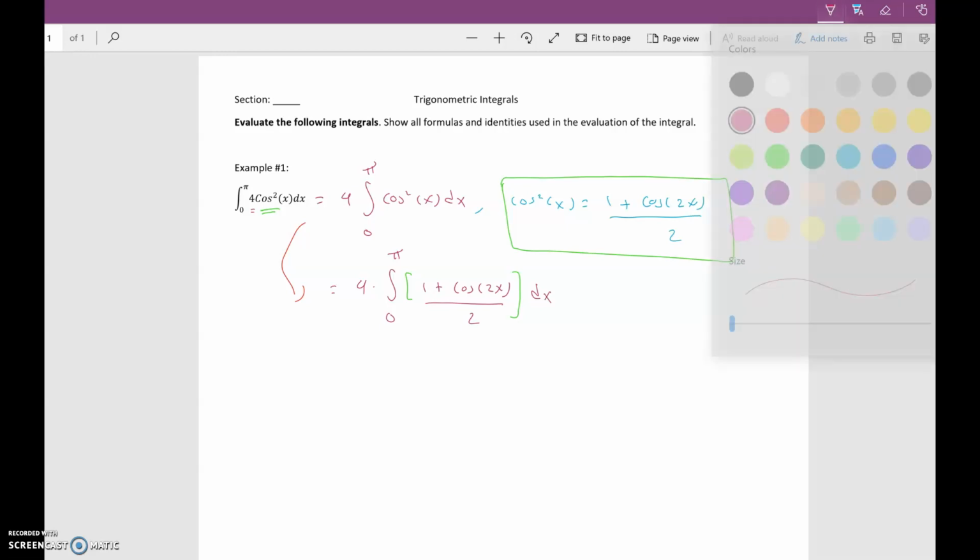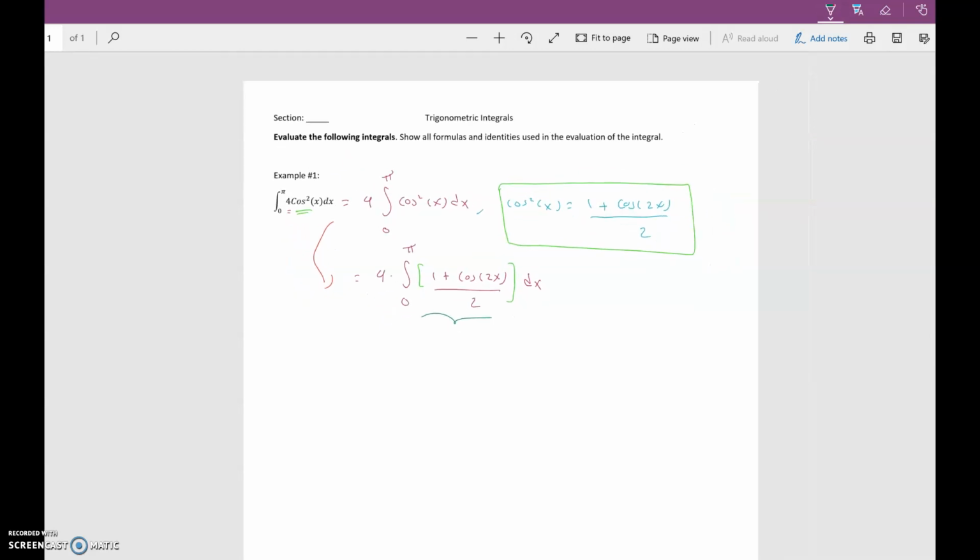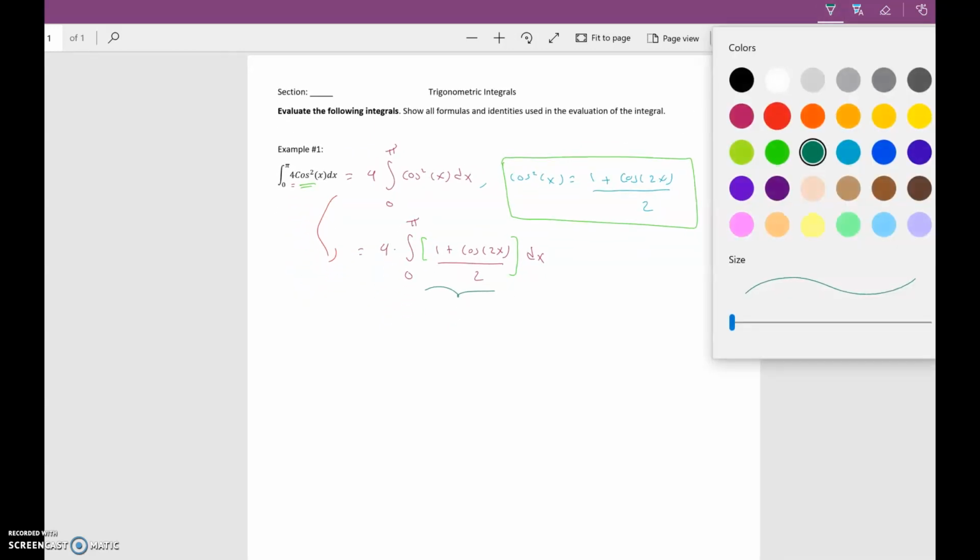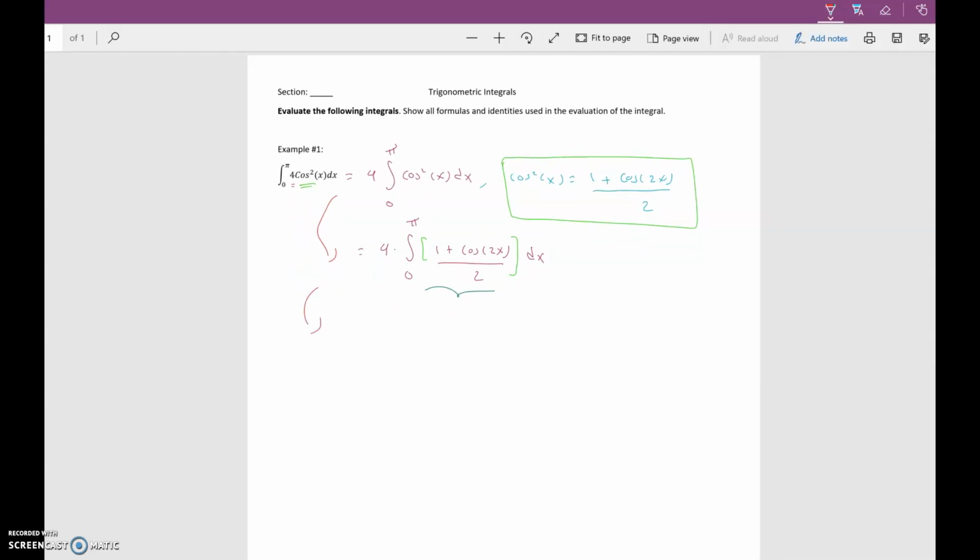For this particular one, it may be easier if we separate it as two separate integrals. And don't forget about the actual 4. So we still have 4 times, and let me put a huge parenthesis so that we don't forget about that value. From 0 to pi of a half, dx. Oh, you know what?